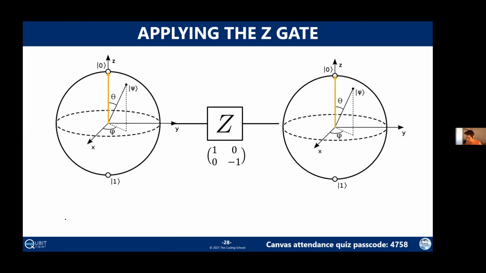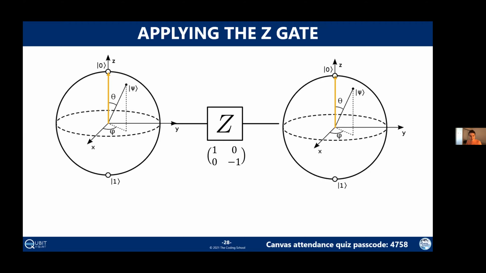The Z gate is technically no different from the others, but it can cause some confusion because if you applied a Z gate to ket 0, nothing happens. You can do this matrix multiplication for yourself if you want, but applying the Z gate to ket 0 just gives you ket 0 at the end.